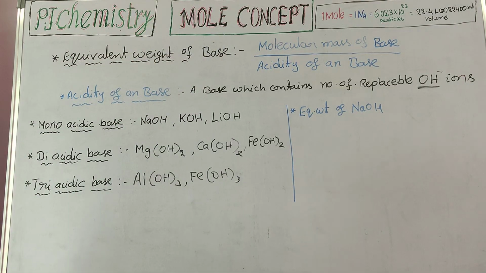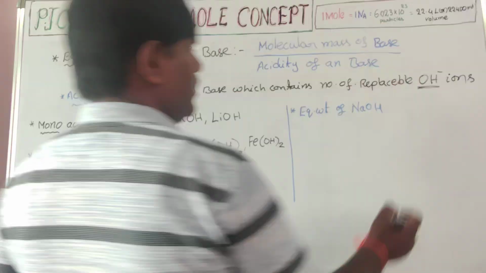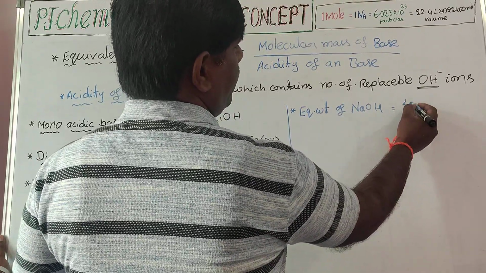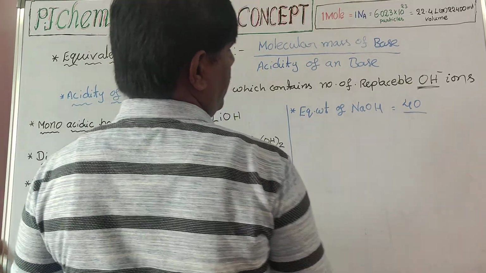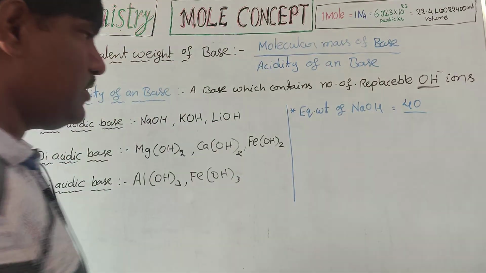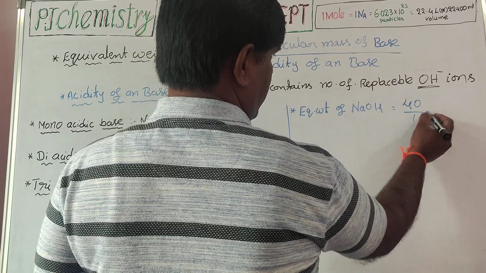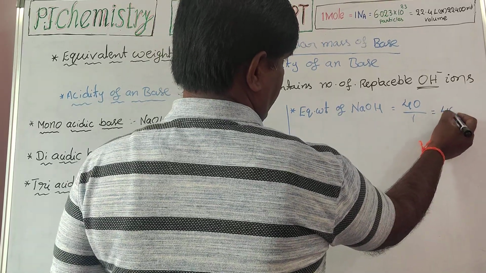NaOH is a base. Its molecular mass is 40. What is the acidity of this base? How many OHs are there? Only one. So 40 by 1, 40.